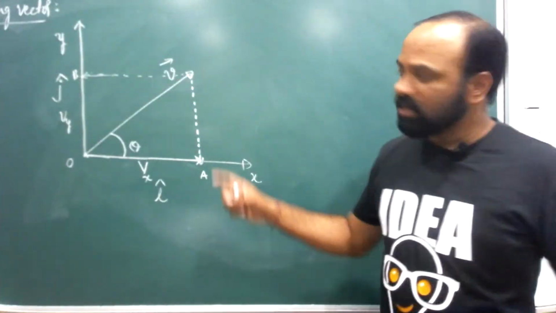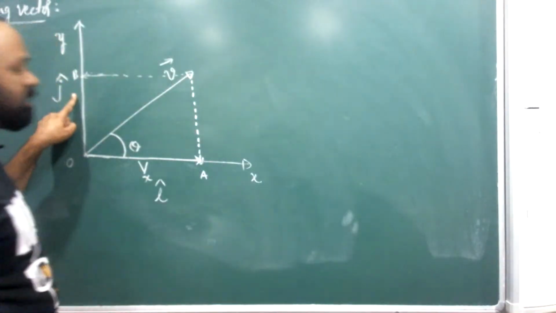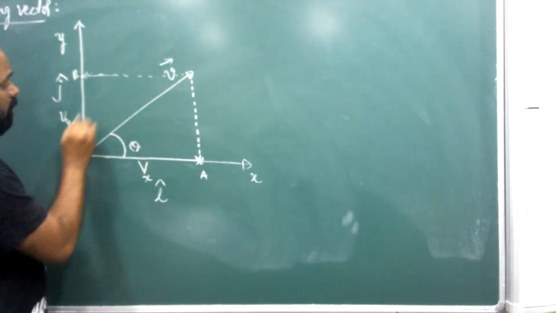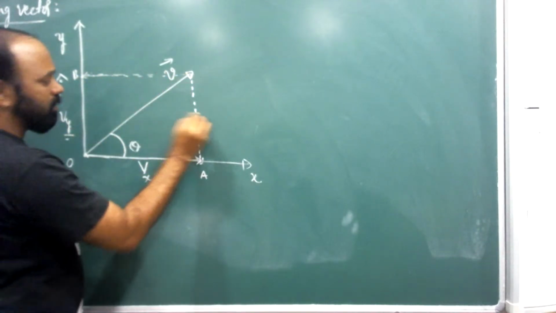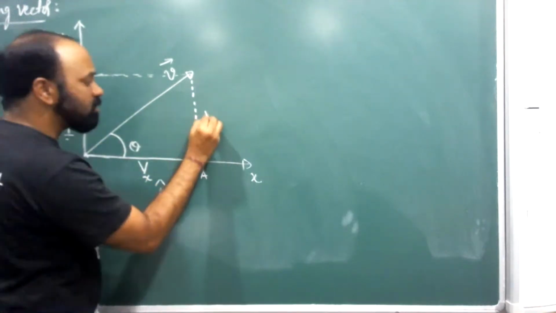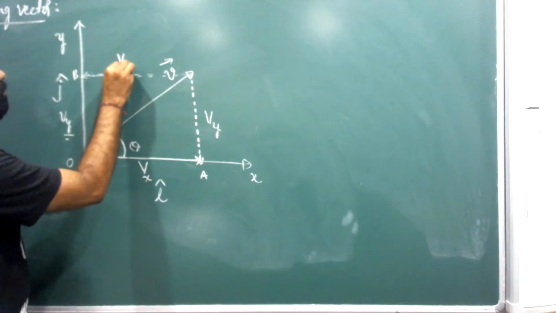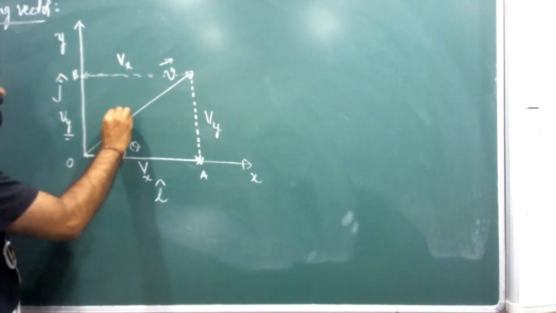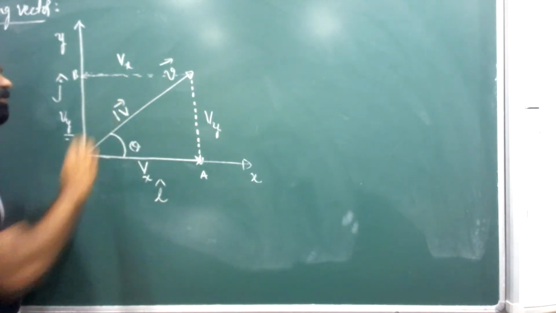After finding these, we can write this is Vx and this is Vy. In a parallelogram, opposite sides are equal. If it is Vy, this is also Vy. If it is Vx, this is also Vx. So this will give the magnitude of this vector.